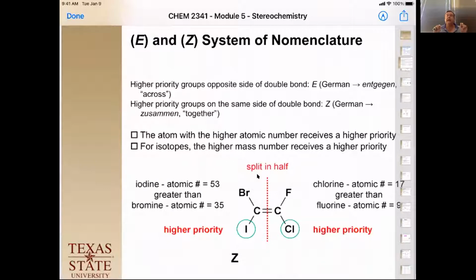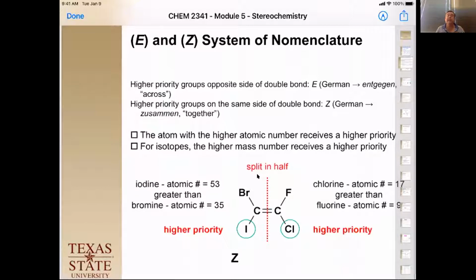If you can't decide just by looking at the atomic number, you look to what's attached to it. And you keep going out further and further until there is a difference, and the one with the higher atomic number wins, okay? And then if you can't decide on that, you also have to think about if you have a double bond, that'll count too, like a double bond to oxygen counts as 2 oxygens, a double bond or a triple bond to carbon will count as 3 carbons. So that's our third rule for prioritization.